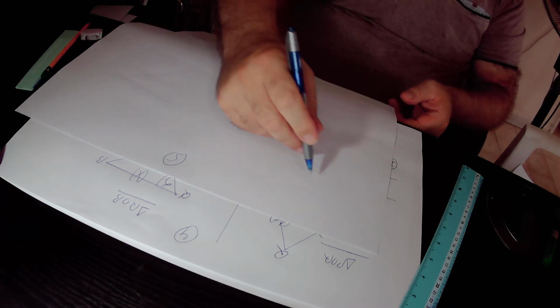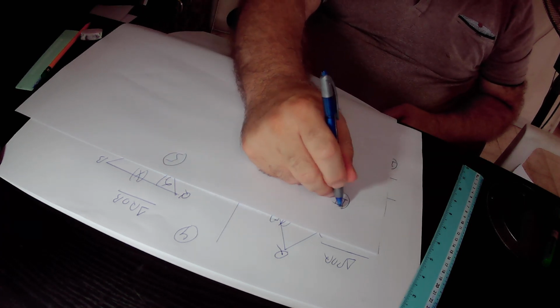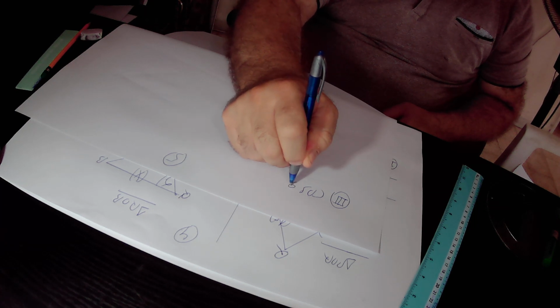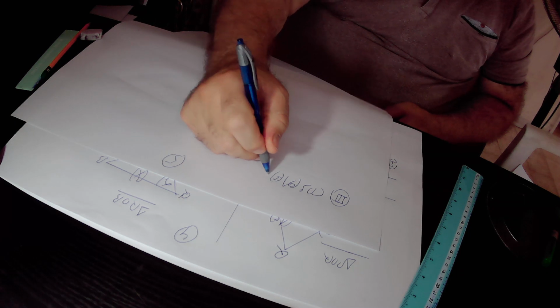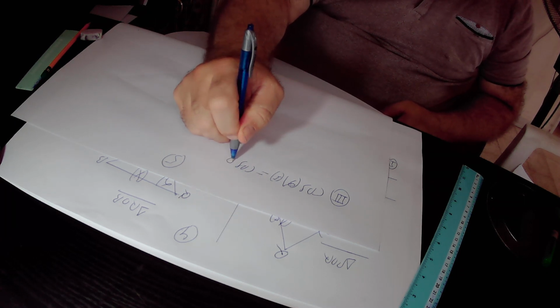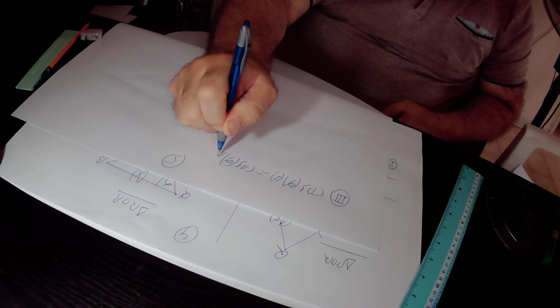So according to equation 3, cosine alpha according to equation 1 must be equal to cosine alpha according to equation 2.